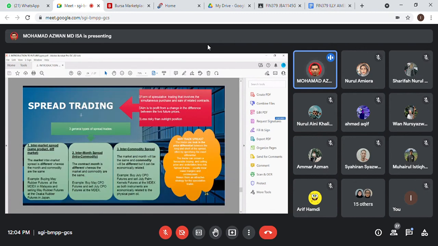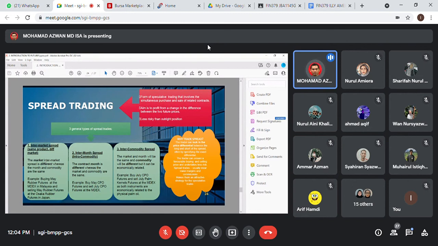And then we have spread trading. Spread means you spread the risk between the futures markets. There are three types of spread trading: intermarket, intermonth, and intercommodity. Intermarket is where you trade futures between two different markets.